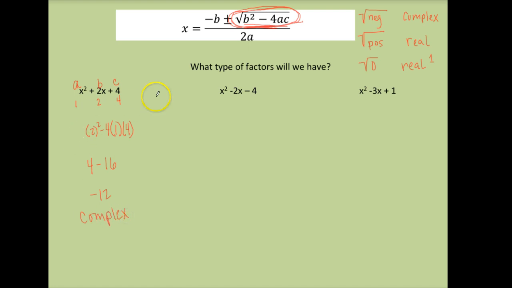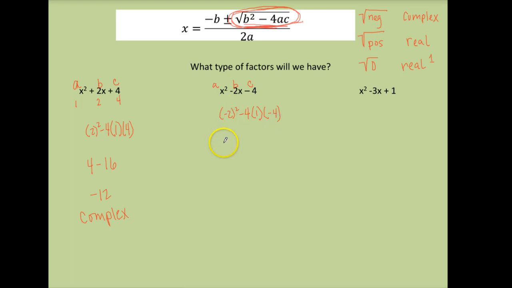Okay, let's try another one. Here's one here. Again, our a, our b, and our c. We're just doing the discriminant, so we have b squared, so negative 2 squared minus 4 times my a is 1 times c, which is negative 4 this time.